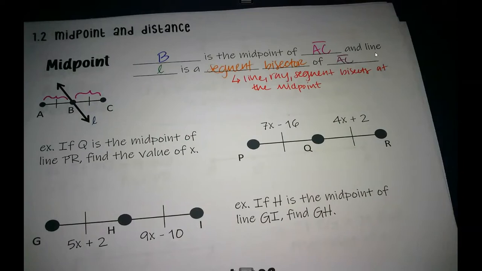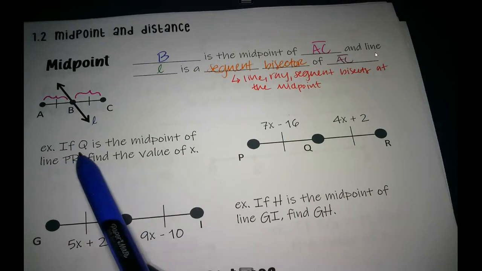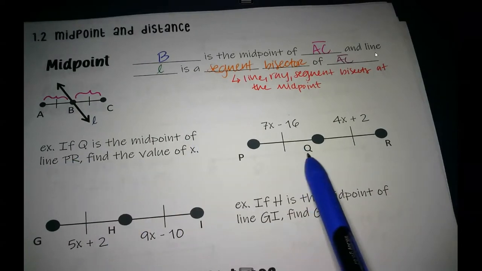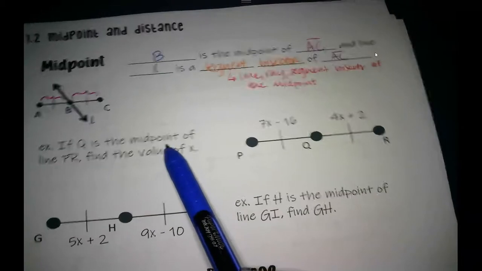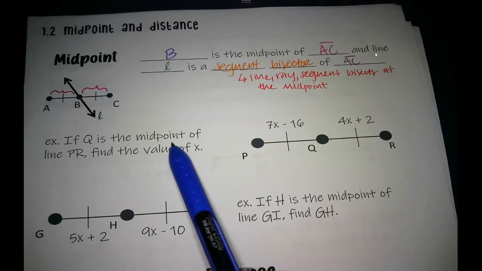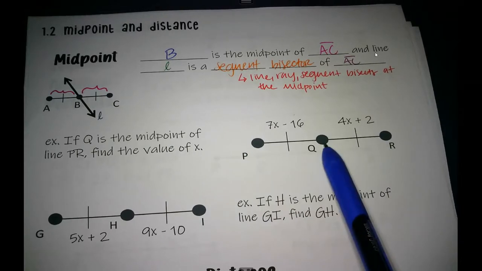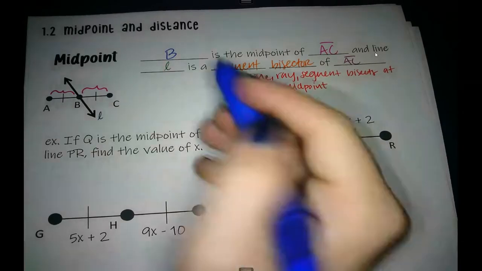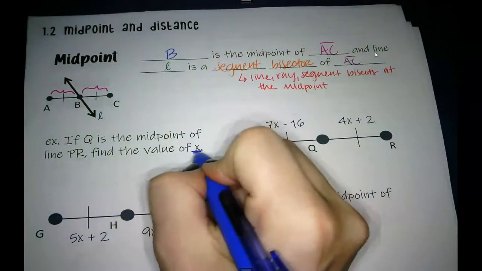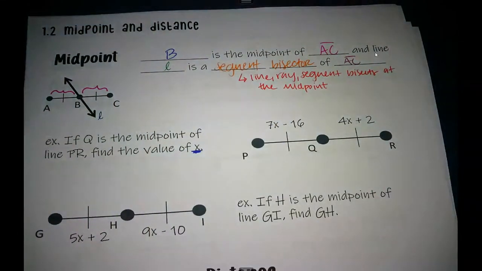So let's look at an example. So if Q is the midpoint, means it hits right in the middle of PR. So this is the very middle. Then find the value of X. So I'm going to underline this. This is what I'm looking for. Ultimately, my answer will be X equals something.